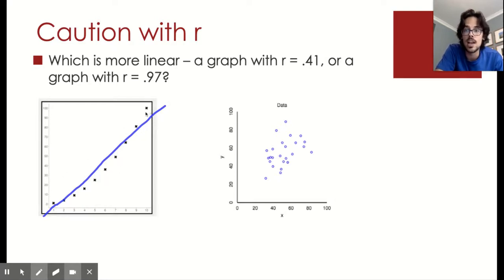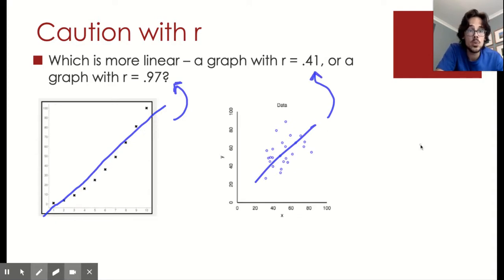This parabola half right here actually has a correlation of 0.97. On the other hand, with these points right here, nothing special is going on, but if you look, there's nothing better than a line. This data basically is linear because there's no other pattern that's going to help us figure out what's going on better. This data set only has a correlation of 0.41, okay?